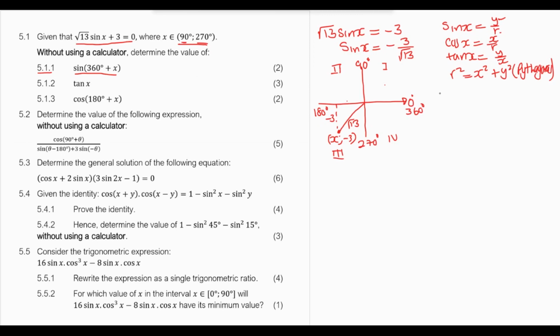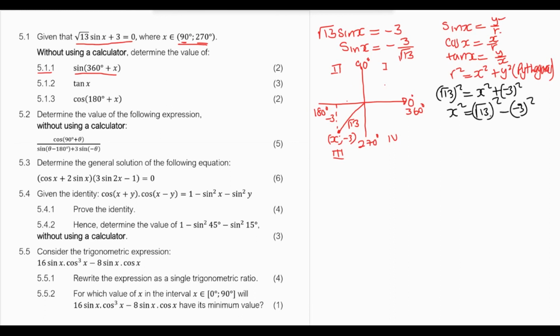We have square root of 13 squared is equal to x squared plus -3 squared. So x squared is equal to square root of 13 squared, which is 13, minus -3 squared, which is 9.